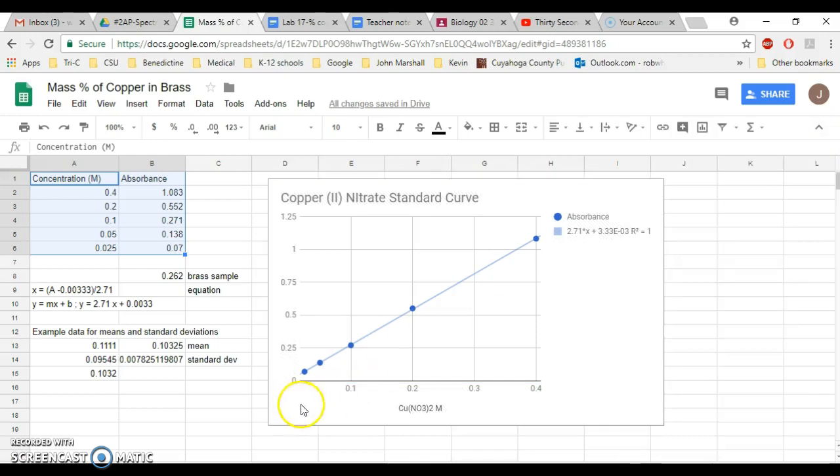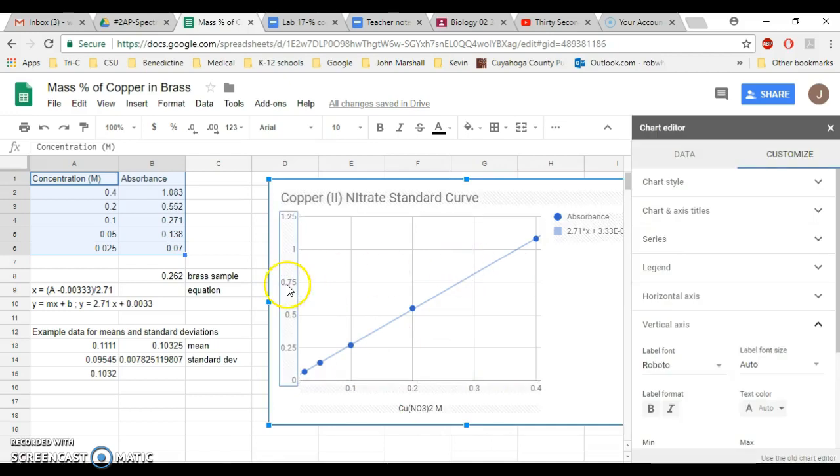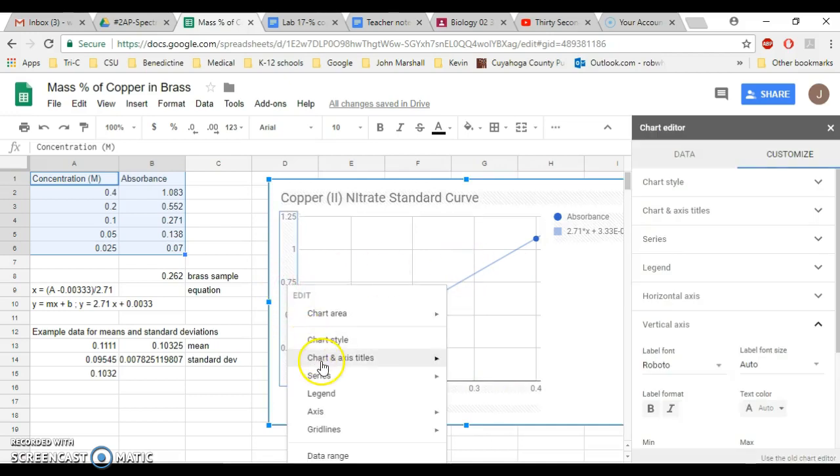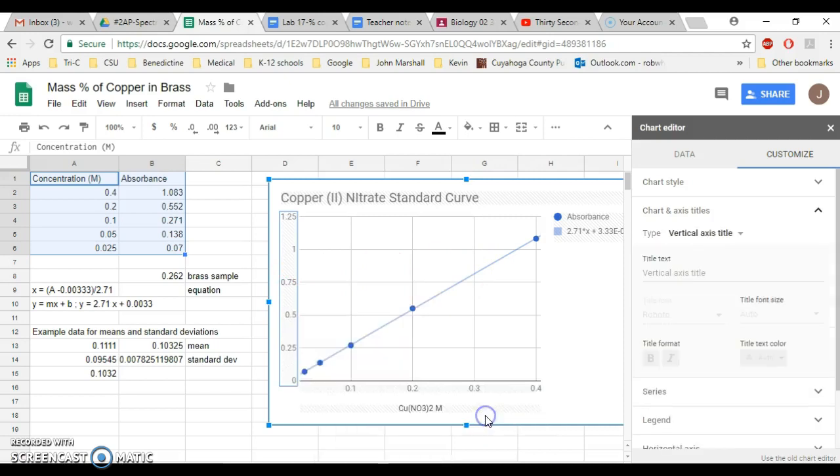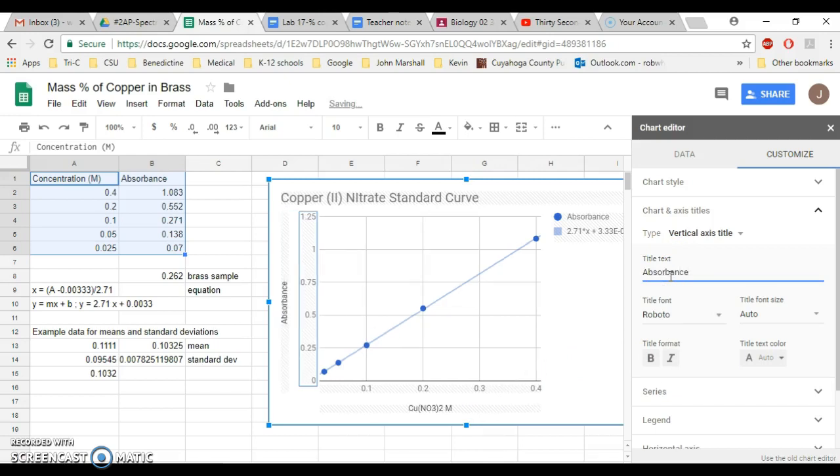And close out of that one, and it will pop up down here. And then on this side, I want you to double click on this, and again, go under right click and select Vertical Axis Title. And we will now type in absorbance and give it the wavelength that you chose in the class. I'm going to type in the wavelength that I ended up using, which is 640 nanometers.